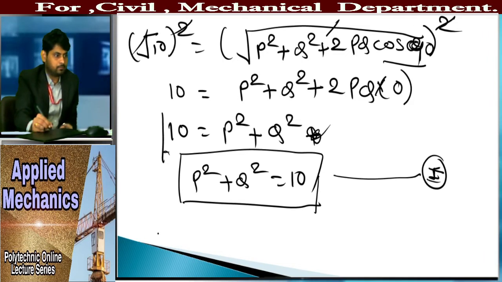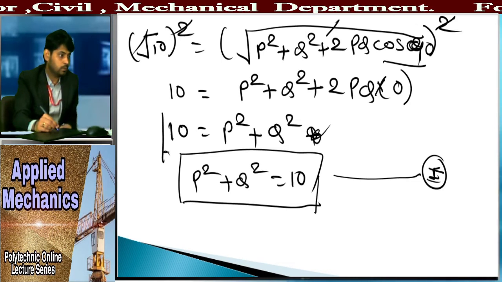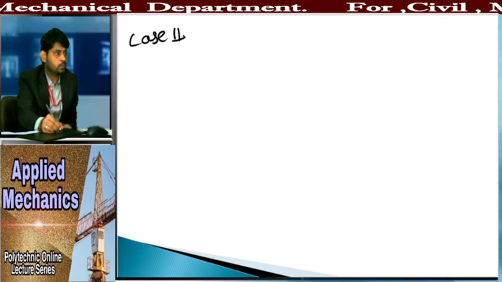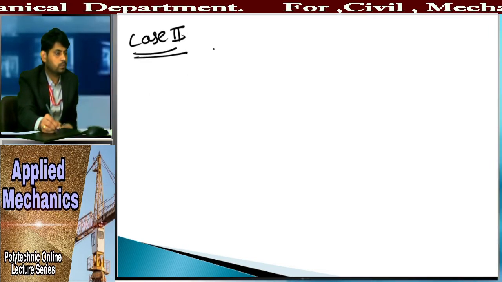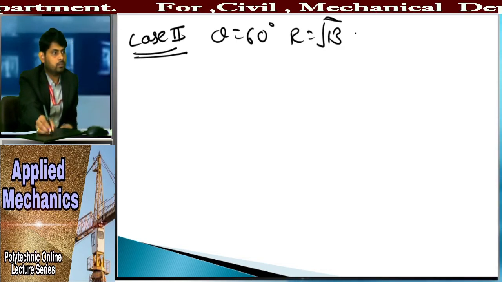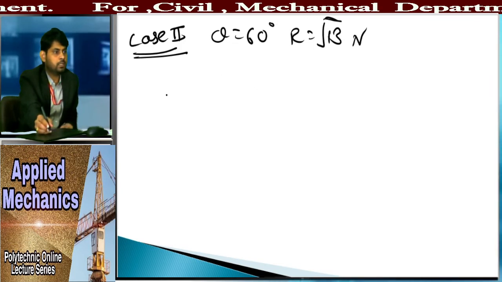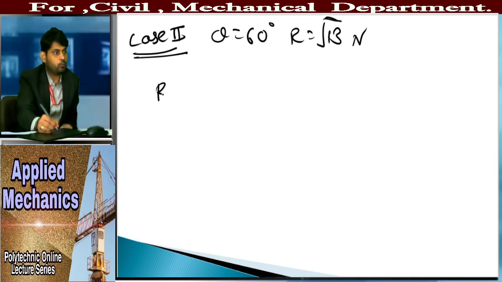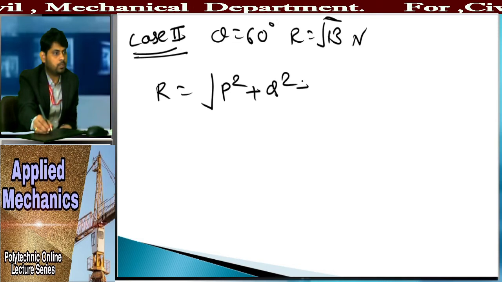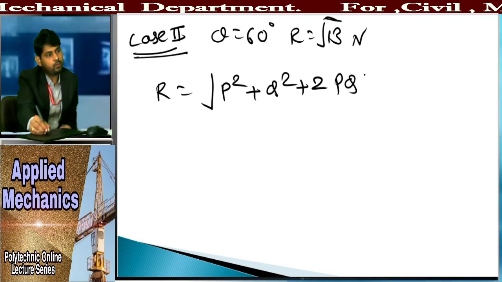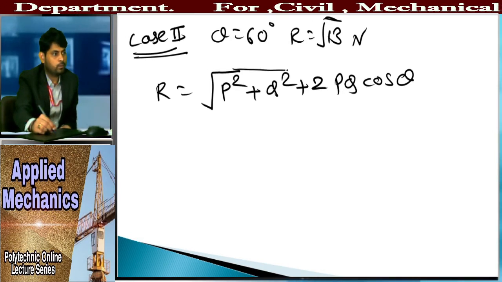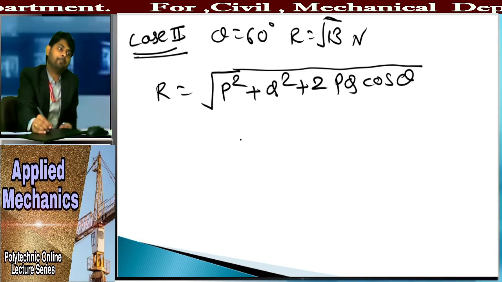Okay. After that, your case 2. So take here case 2. What is case 2? Theta is equal to 60 degree and R is equal to under root 13. So put this in the resultant of magnitude of forces. So that is R is equal to under root of P square plus Q square plus 2PQ cos of theta, right? So you have to put the values in it.